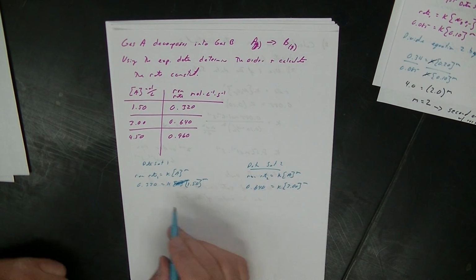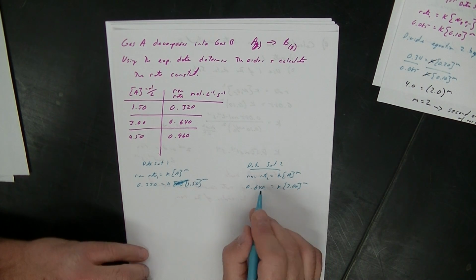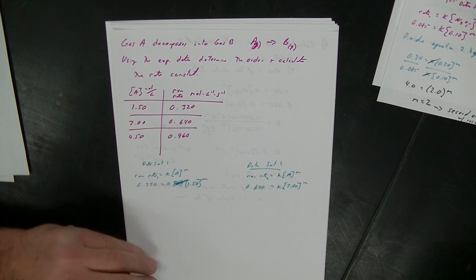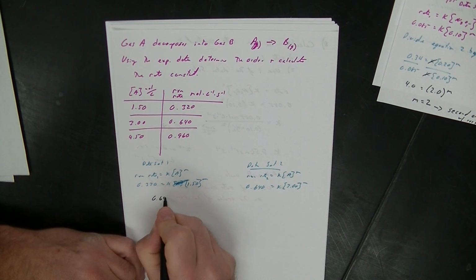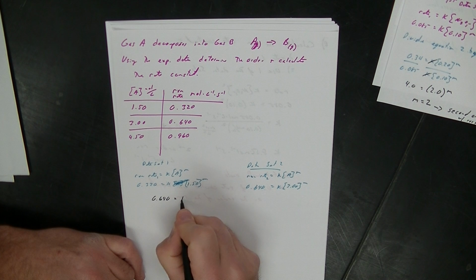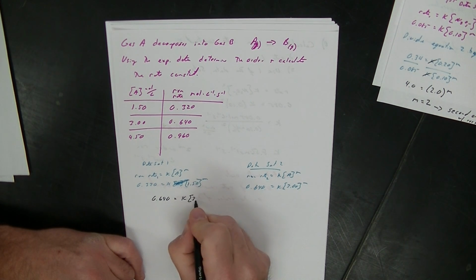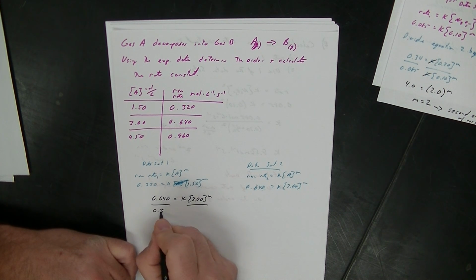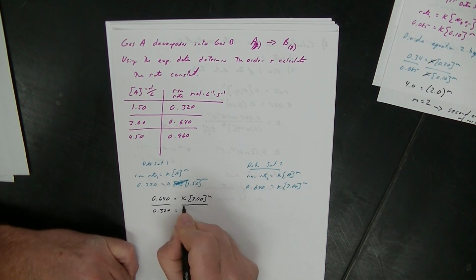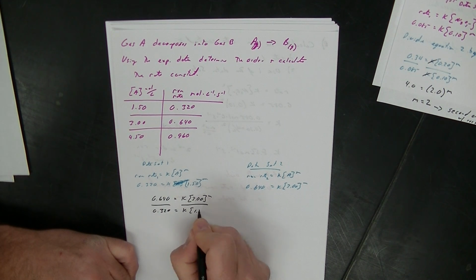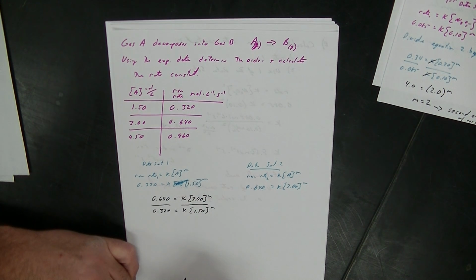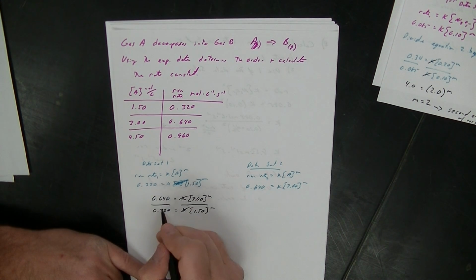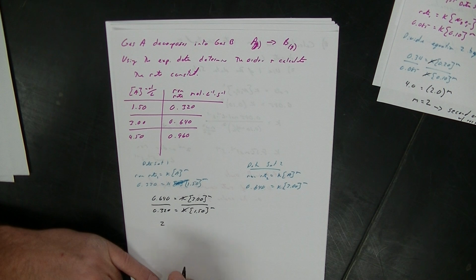Now we divide. We're going to take data set 2 divided by data set 1, so we go 0.640 equals K times 3.00 to the M, divided by 0.320 equals K times 1.50 to the M. Then we cross off our K's, we divide, this gets 2.